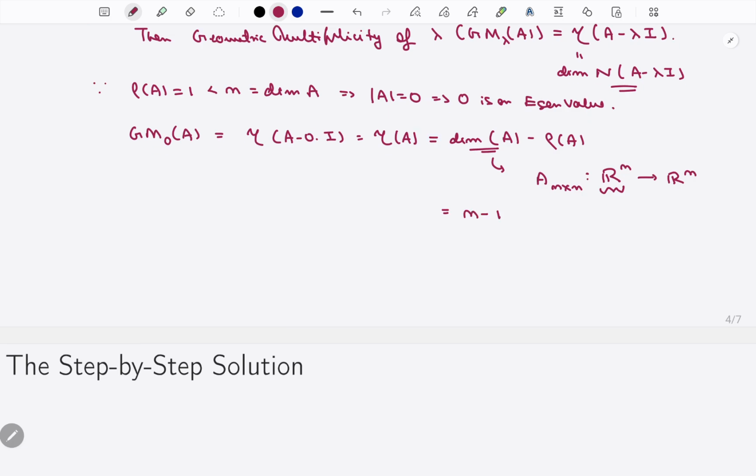So this is n minus 1. Therefore, the geometric multiplicity of lambda equal to 0 is n minus 1.